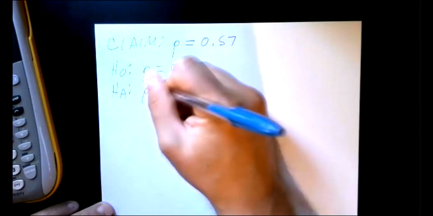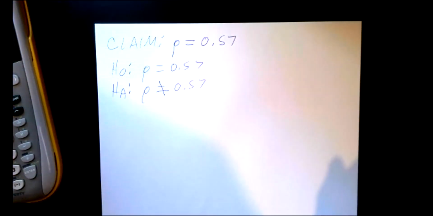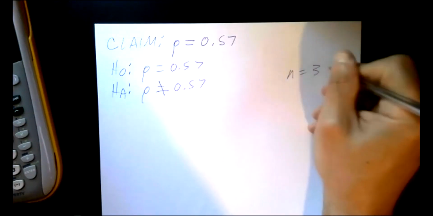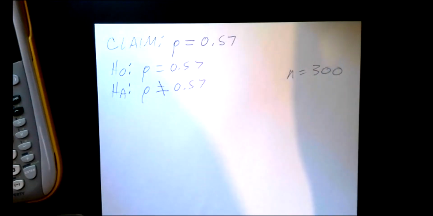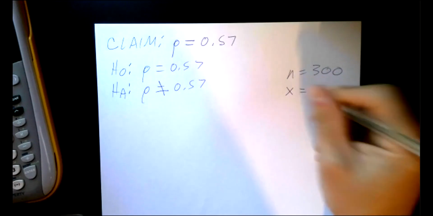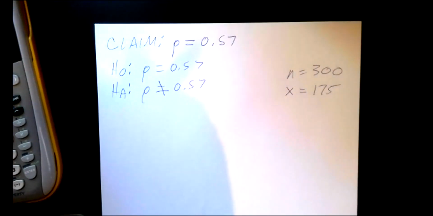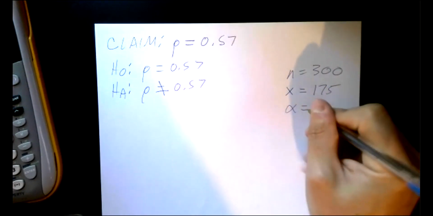The alternative is not equal. Okay. The sample is 300. Of those, the number of successes X is 175. The alpha value is 0.05.